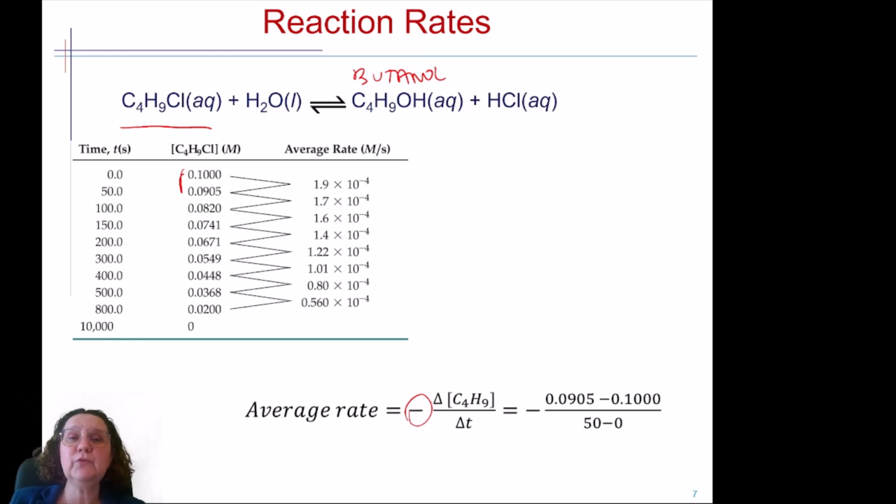But in this case, we don't call it rate, we call it average rate, because we are acknowledging we are not completely sure that during those 50 seconds the reaction rate was always the same. But what we can give is an average rate over those 50 seconds. That was the average speed of the reaction, rather than the rate on each individual second.